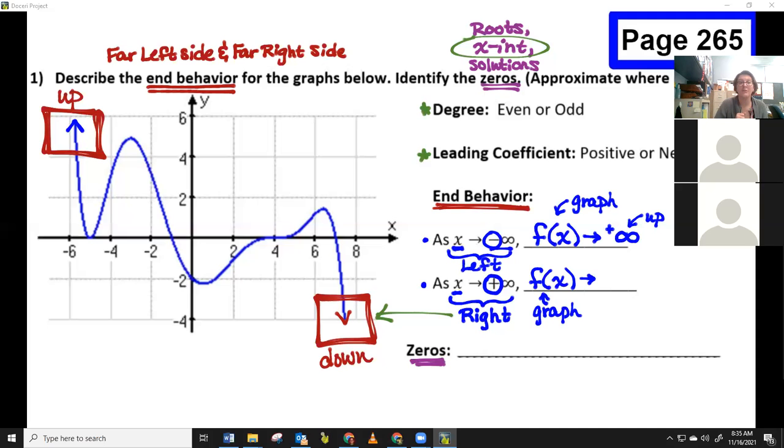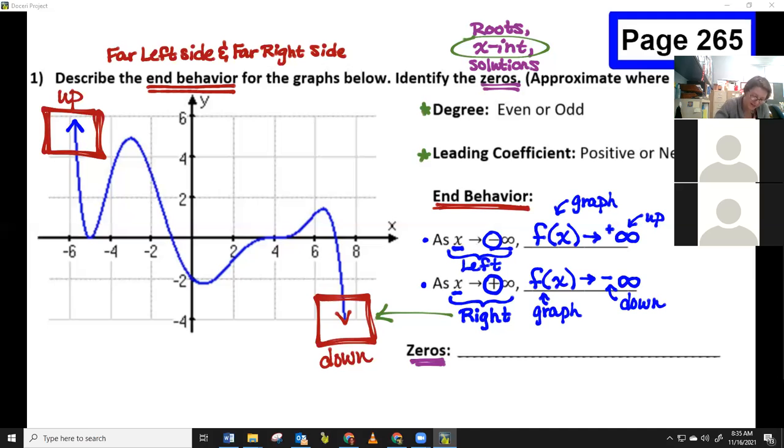Negative. When does it stop going down? It doesn't. So how should I explain that? Negative infinity. That's absolutely correct. Negative infinity tells me that I'm going down. Beautiful. Fantastic.